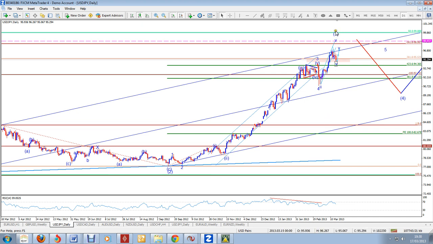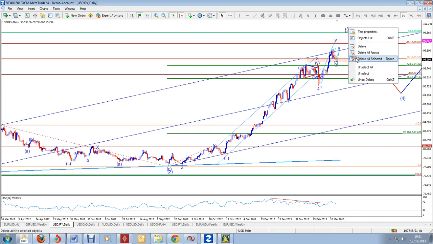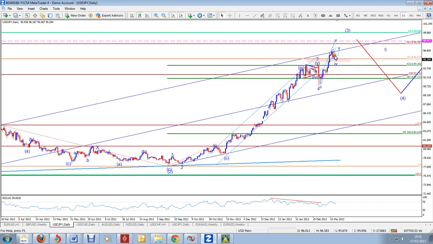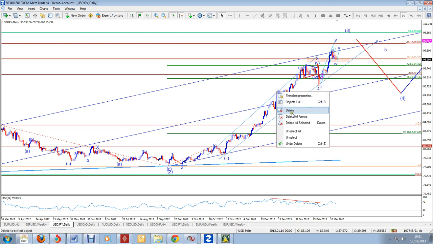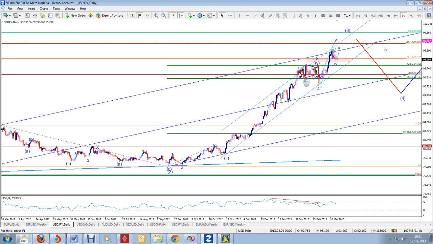We won't have this wave 3 completing until we've seen completion of the dollar index topping around 84. So for the time being, this is likely to continue higher. Eventually this will get to, I think really we're targeting, almost 100.